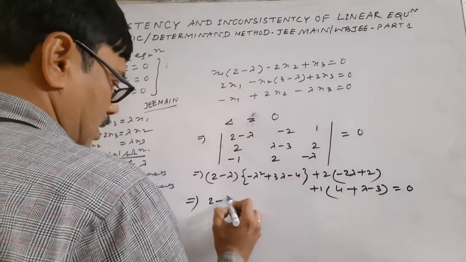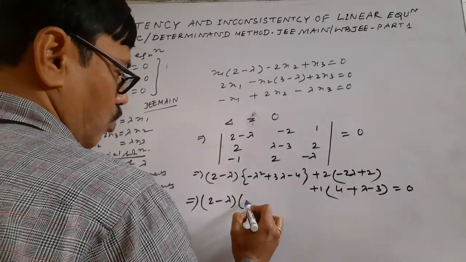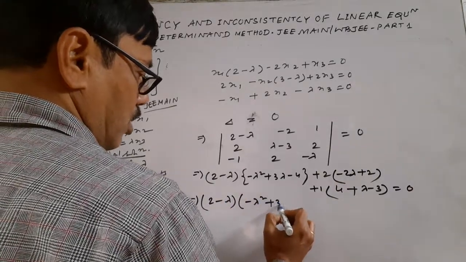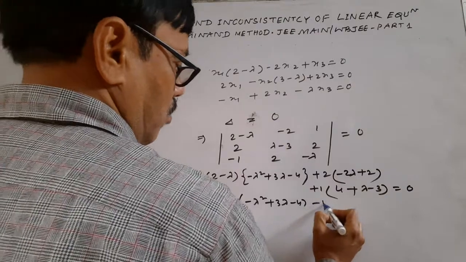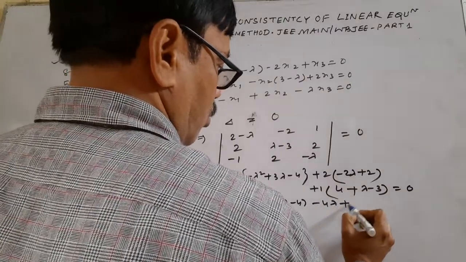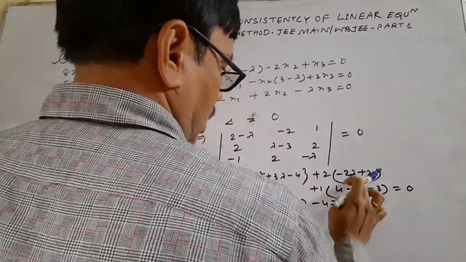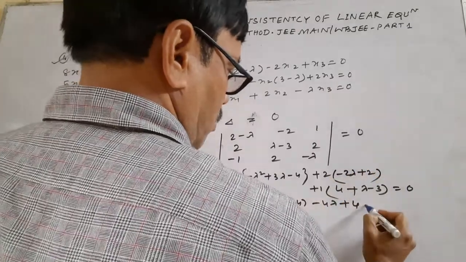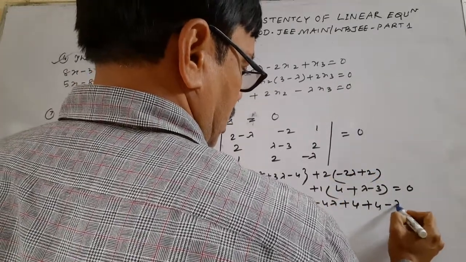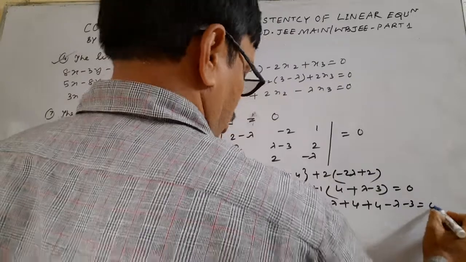So (2 minus lambda) into (minus lambda square plus 3 lambda minus 4), minus 4 lambda plus 4, plus 4 minus lambda minus 3, equals 0.